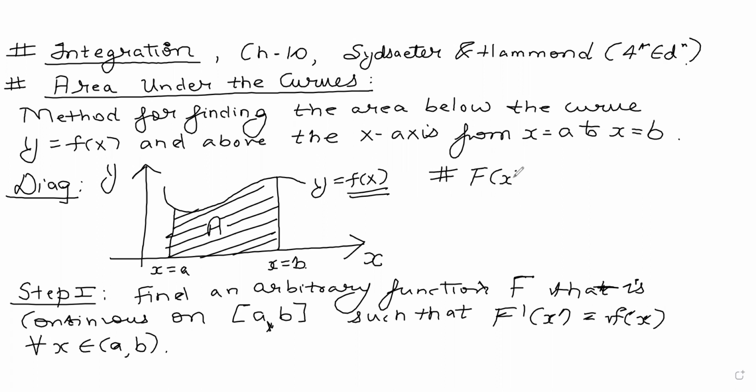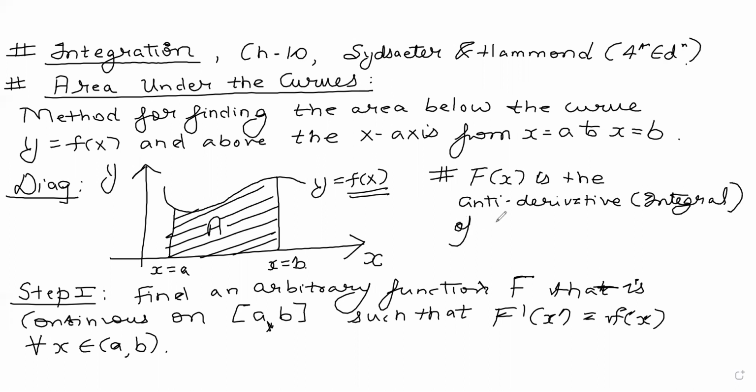Capital F of x is the antiderivative. Antiderivative is also called the integral. Capital F of x is the antiderivative of small f of x such that if you differentiate capital F of x, you get small f of x.